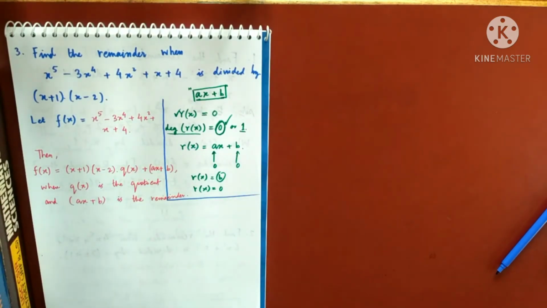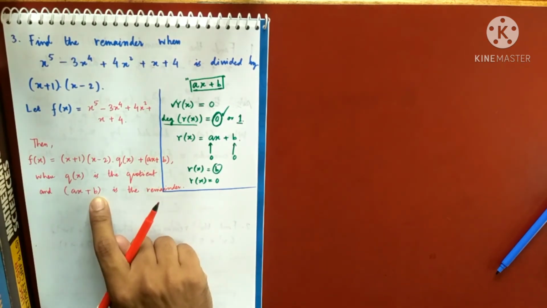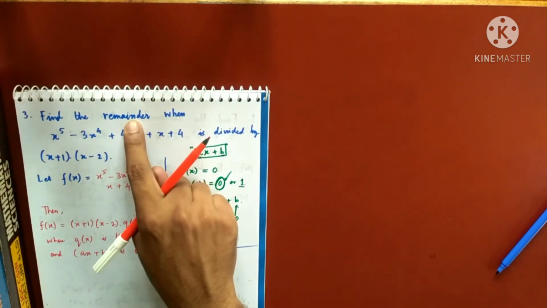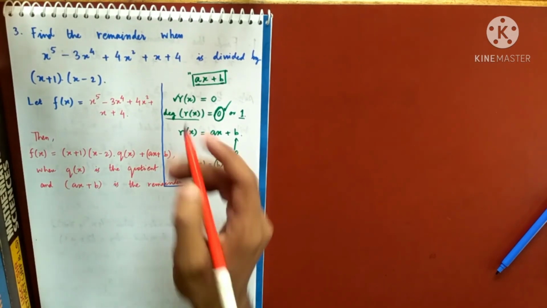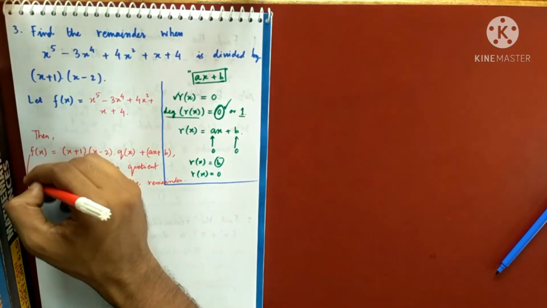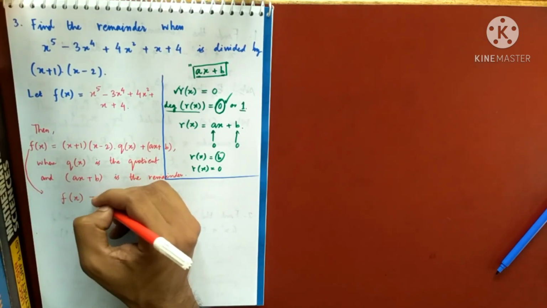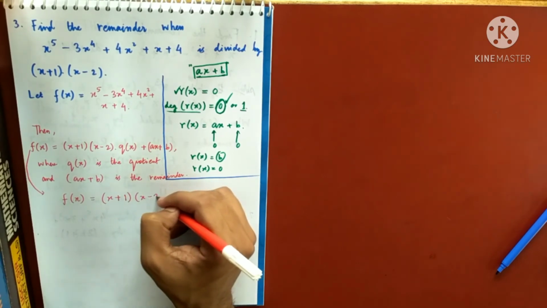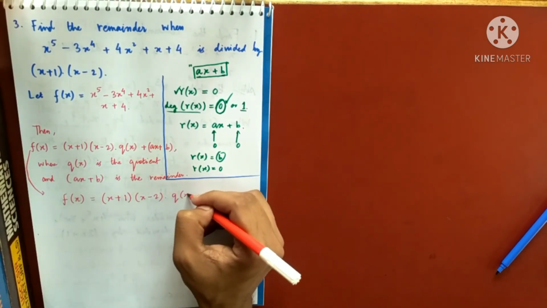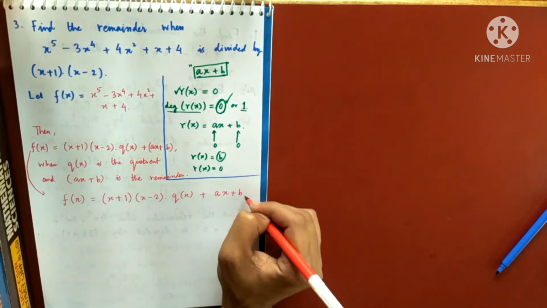Now your task is to find the values of A and B, because they have asked you to find the remainder, and that means you have to find the values of A and B. So let me write this equation again clearly: fx equals x plus 1 times x minus 2 times quotient plus Ax plus b. I have this in my hand.